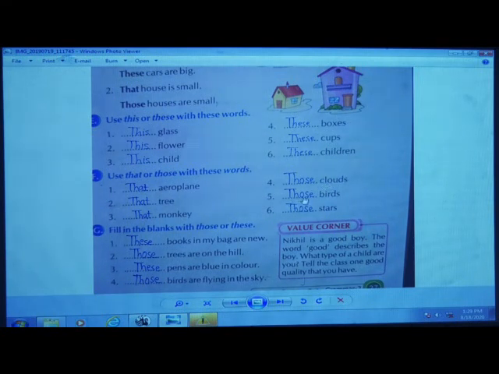Then those birds. Those stars. Write down this.